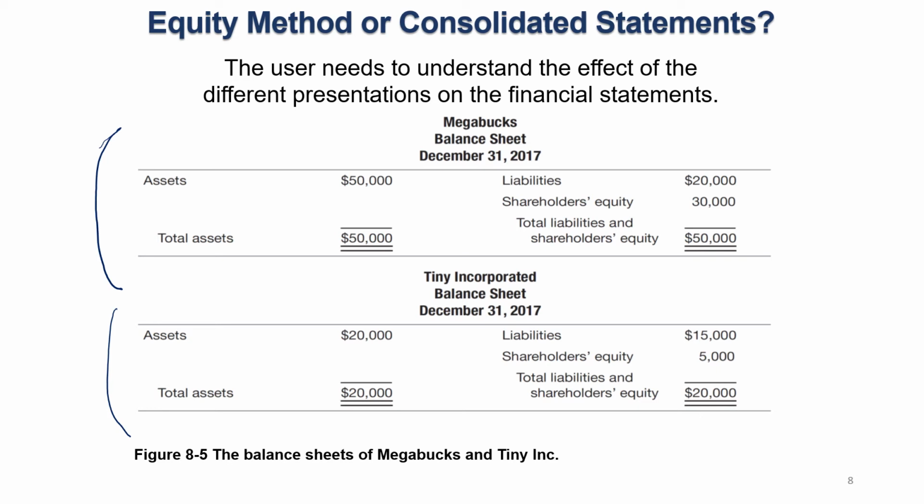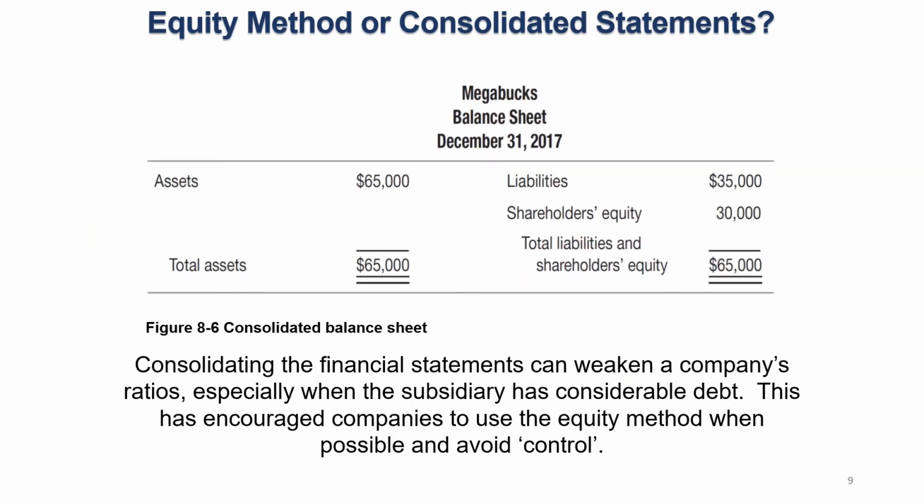So that would be one way. The other way would be if megabucks own more than 50% of tiny, at which point we would consolidate, which means we would roll both balance sheets into one and call it megabucks consolidated balance sheet. So let's take a look at how that looks.